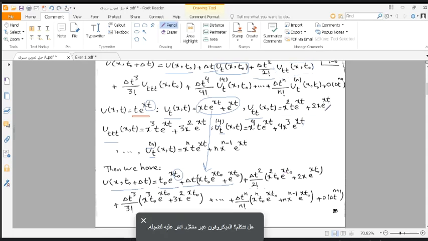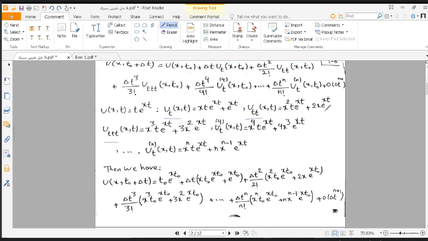For the next term, we have delta T3 over 3 factorial, and we should write delta T3 over 3 factorial, u_TTT at X and T0. For u_TTT, we have X3 T e power XT plus 3X2 e power XT.